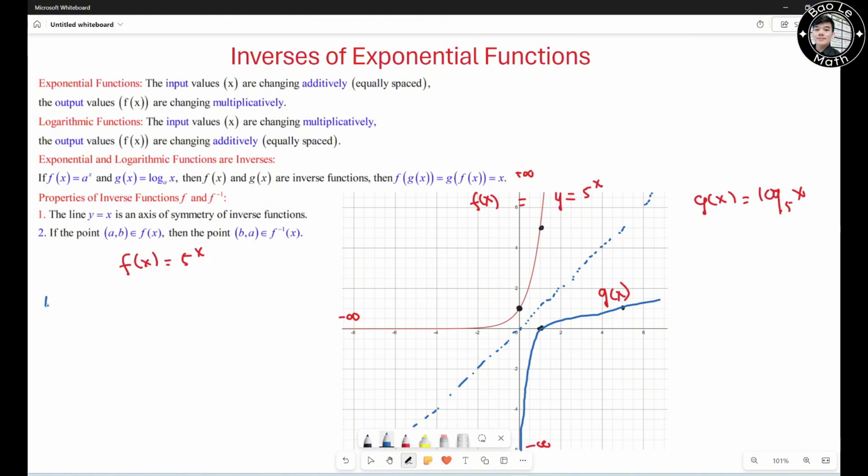Now, number 4. Is the function f of s concave up or concave down? When the function is concave up, it should be something like this, or half of this one, which means you cut this one in half, so it turns out to be something like this or something like this.